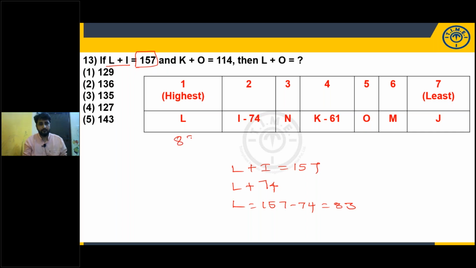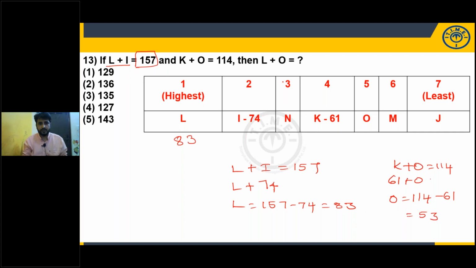So L is 83 for only this question. And K plus O is 114. You know the value of K is 61. So 61 plus O is equal to 114. So O is equal to 114 minus 61, which is 53.